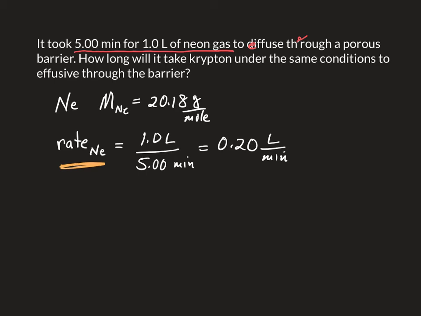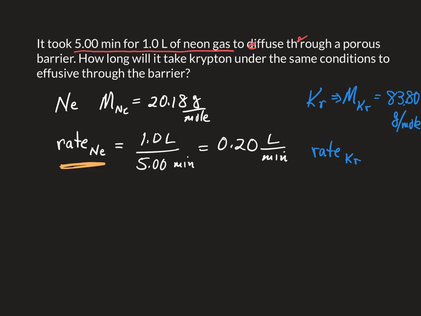Now, the only thing we know about the krypton is that its molar mass is 83.80 grams per mole. Didn't plan that out. And what we're trying to find is the rate at which krypton is escaping.